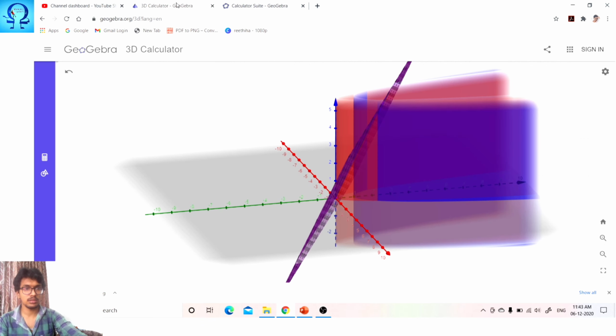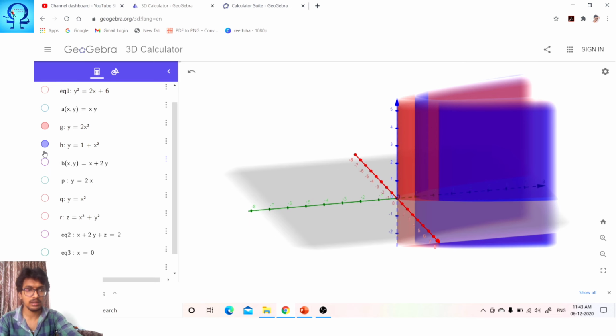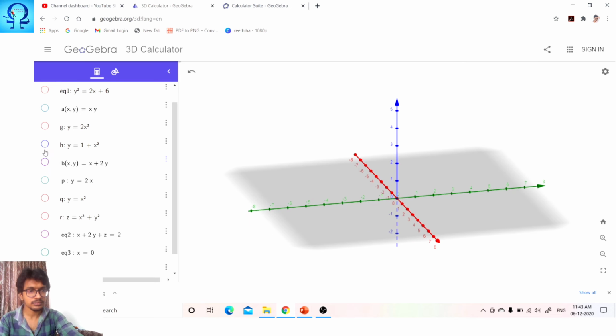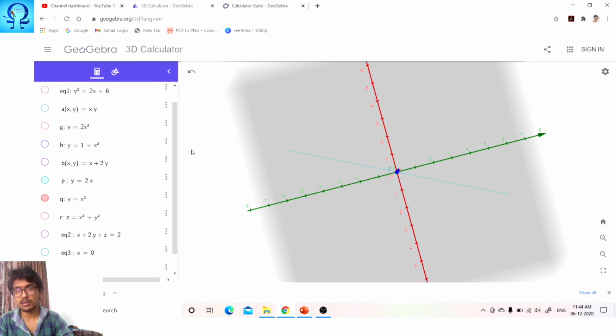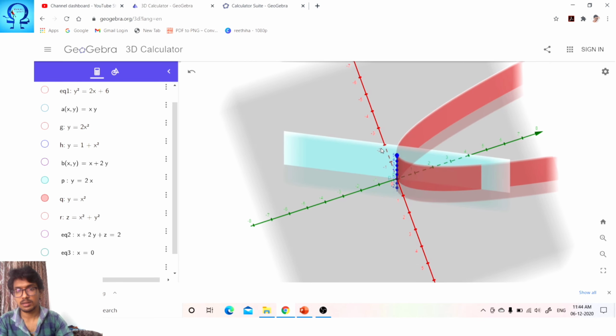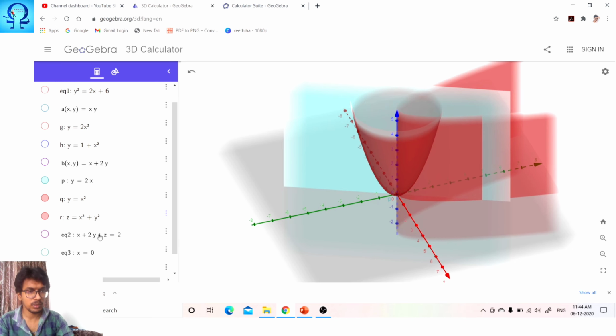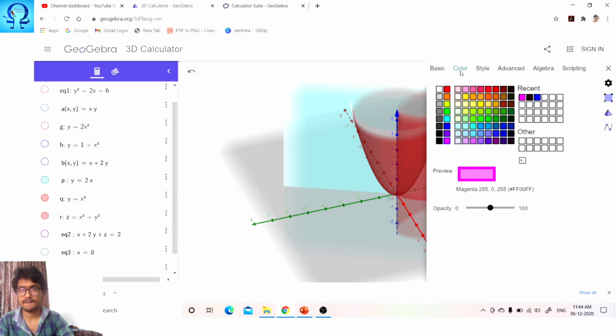Now let us go and see these things in 3 dimension. Let me turn off these things. y is equal to 2x, which is a plane. y is equal to x square, which is something like this. So you can very well see the common region here, and this is what we have. So if you want, I can turn the color of the shape. Blue is not used, right?